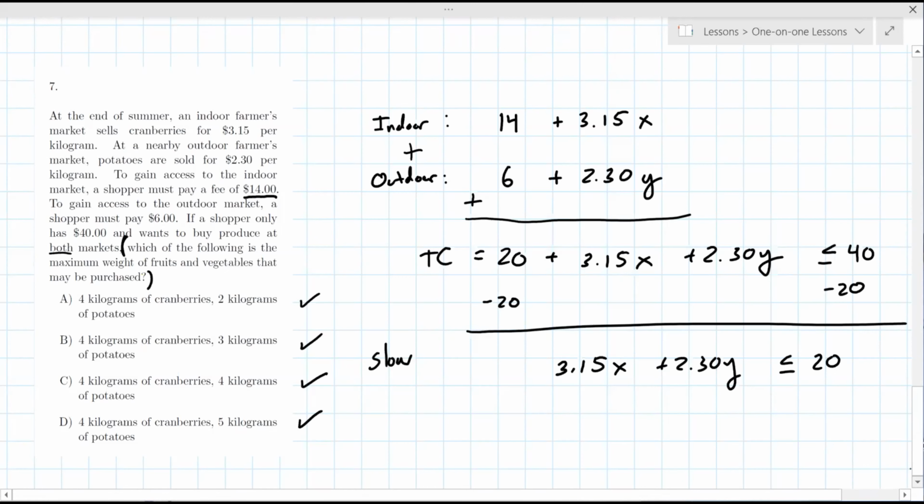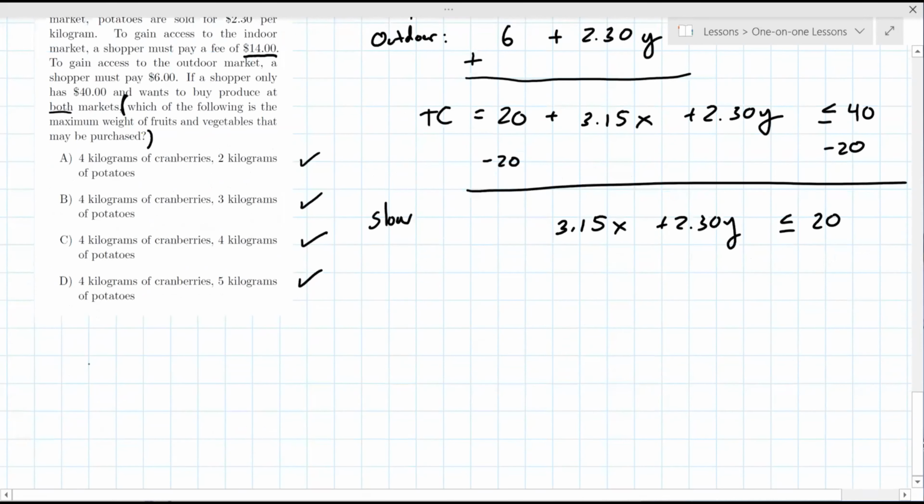So in this example, when you look at the answer space, as I call it, there are two questions you generally ask. What's the same and what's different? I notice that each one of them has 4 kilograms for cranberries. Yes, that's what's the same, 4 kilograms.